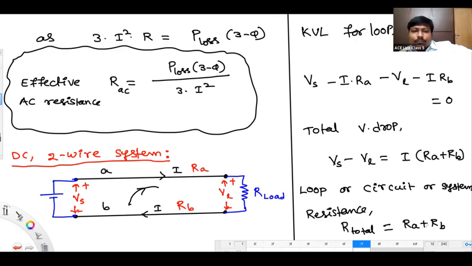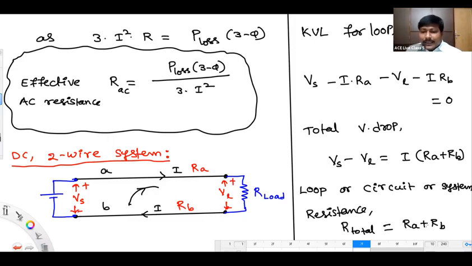Forward plus return. So can I use the same formula for the single phase two-wire system also? Yes or no? See, even in the case of single phase two-wire, we have a forward conductor and a return conductor. Both are connected in series. The sum of the two resistances is nothing but the loop resistance in the case of the single phase two-wire.